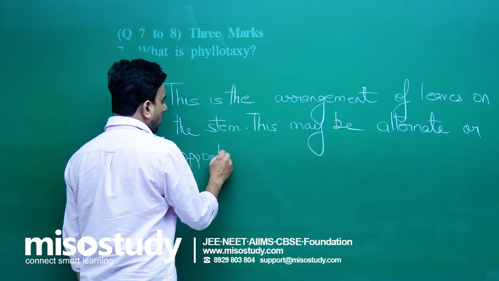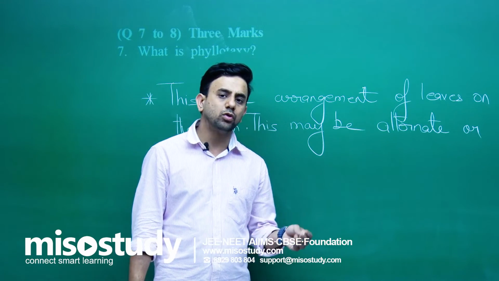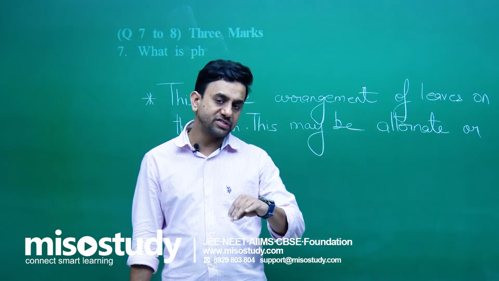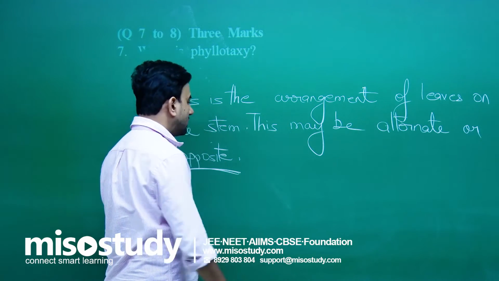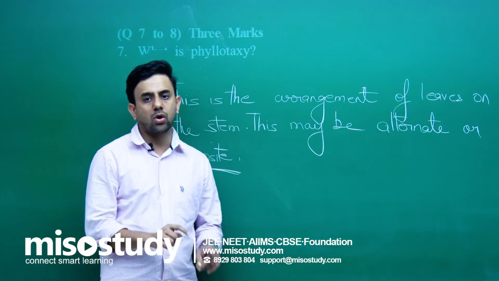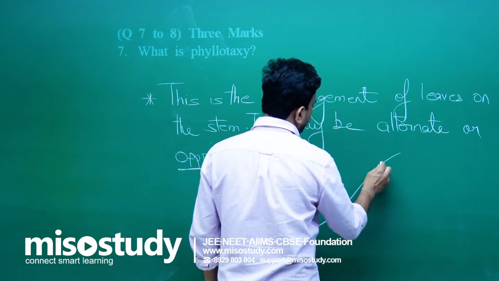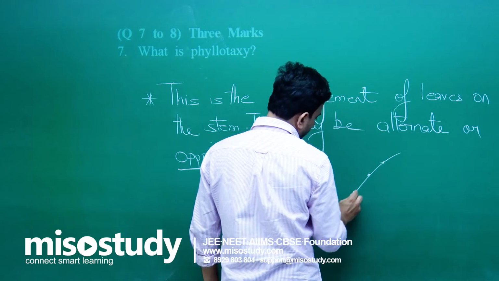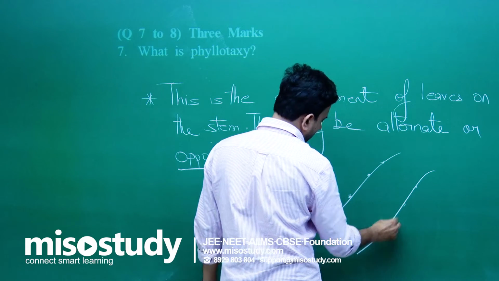In the alternate arrangement, we will see that there will be a leaf at every node, alternately. However, when we are talking about the opposite arrangement, we will see that leaves will be present on the same node opposite to each other. So if this is a stem and these are the nodes, say take 2 examples, these are the 4 nodes.